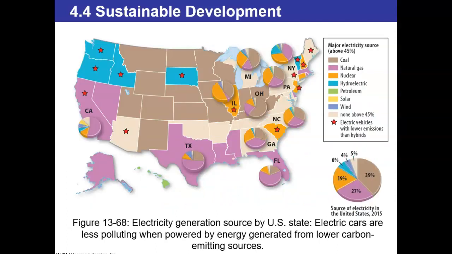Take a look at figure 13-68. Even as the United States goes toward increasing their dependency on electric vehicles, electricity generation by energy source can implicate that because it may be beneficial in some areas where it is releasing less carbon emissions, but actually could be increasing more carbon emissions because of the reliance of energy through coal on generating electricity.